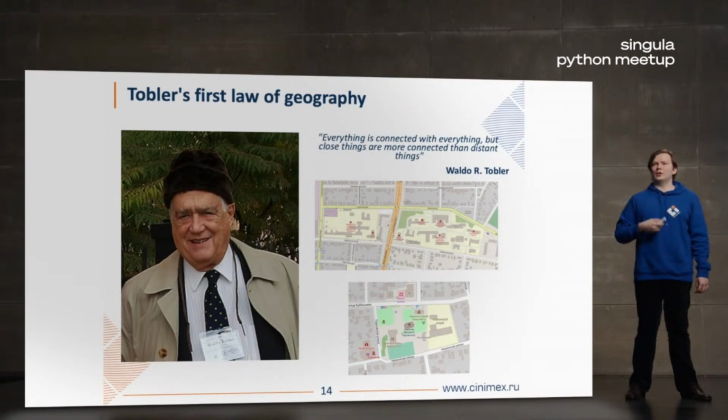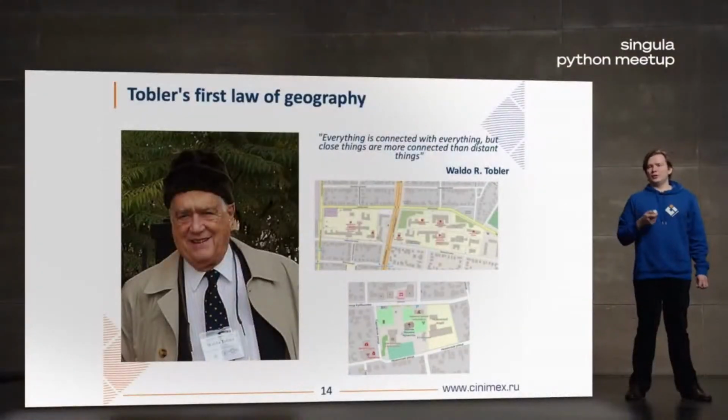For example, Waldo Tobler's first law of geography says that everything is connected with everything, but closer things are connected more than distant ones. To give an example of this law, we can take a look at the map at the top.